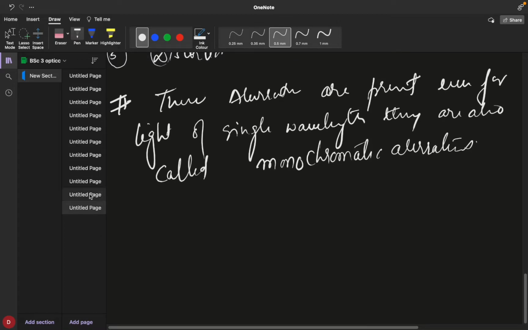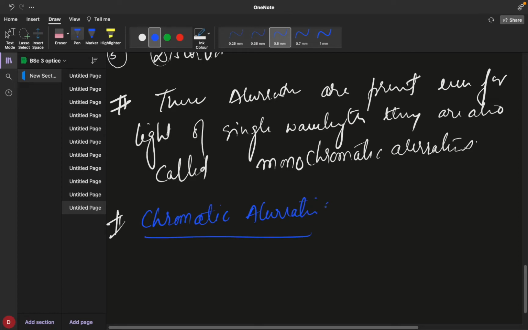So, in detail, what is chromatic aberration? Chromatic aberration means dependency on color.